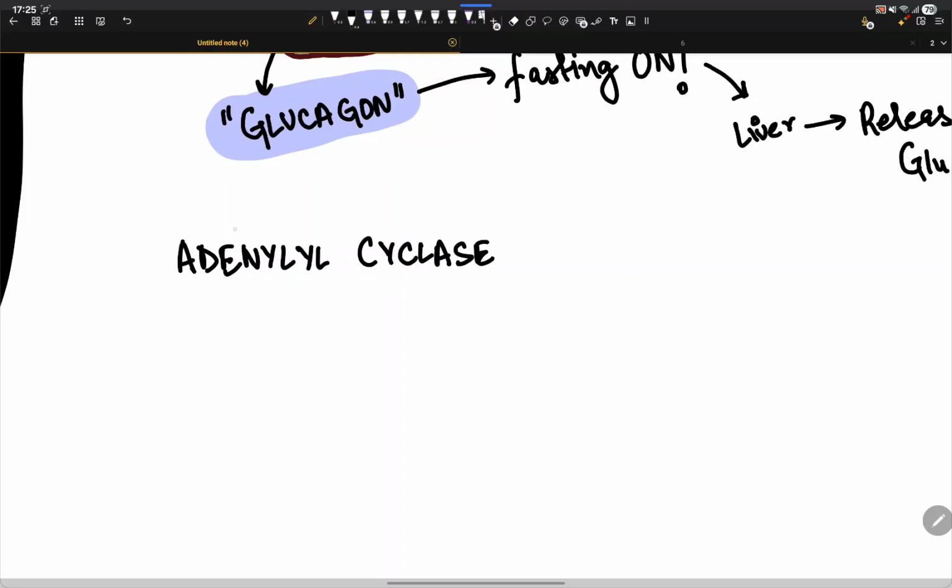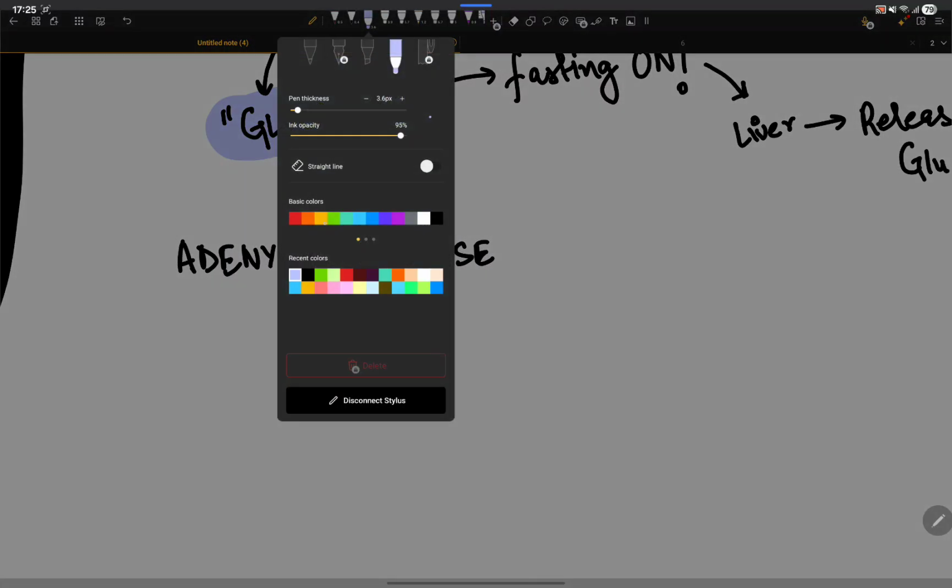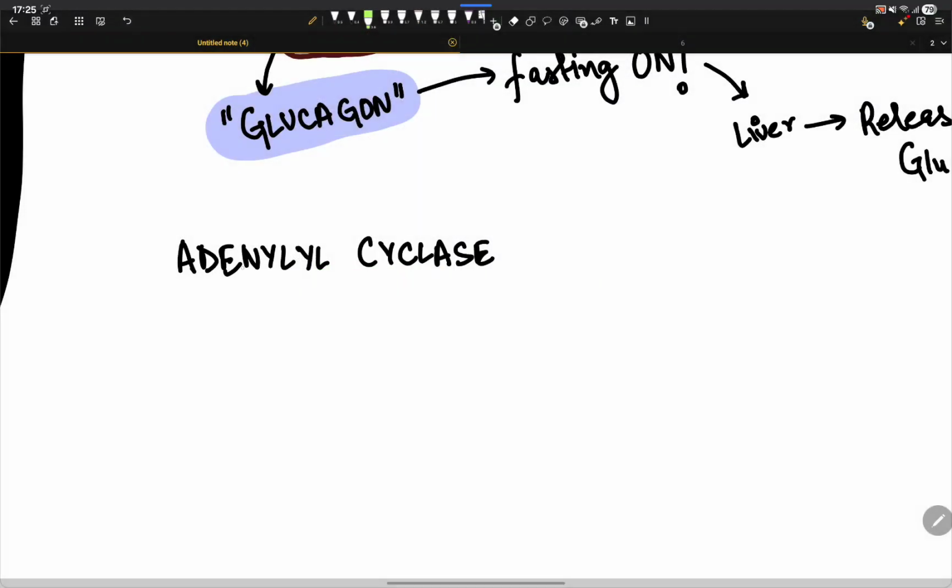So we have this new character, and now he's going to talk to our glucagon. So first question, what is this adenylyl cyclase? What is even cyclase? Sounds like a superhero, right?